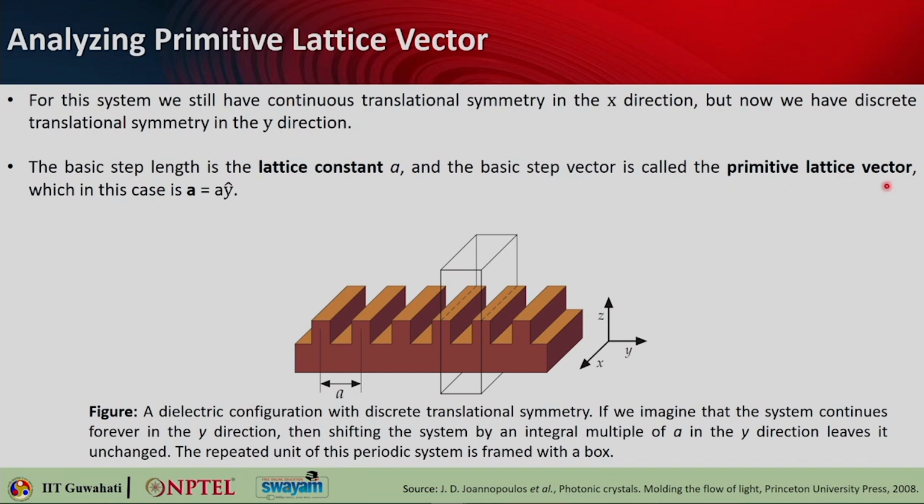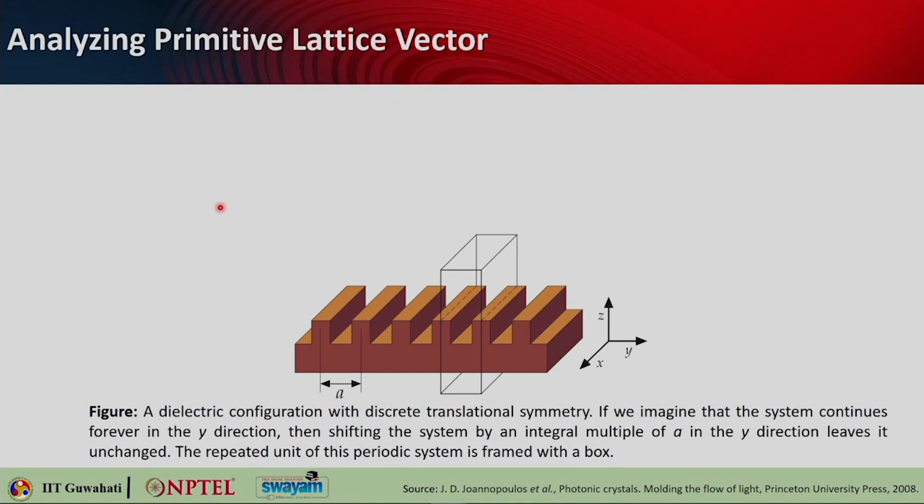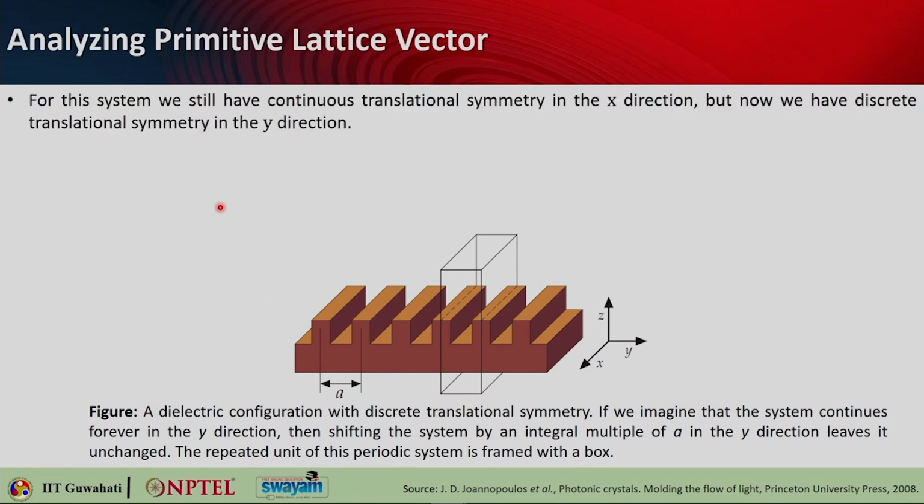In this case, the primitive lattice vector is bold a, which is nothing but a y cap. It means it is along the y direction and the magnitude is a. That is how you define the primitive lattice vector. Why only one vector? Because this is 1D periodic. You are not bothered about what is happening in the other two dimensions. Periodicity is only seen in y.